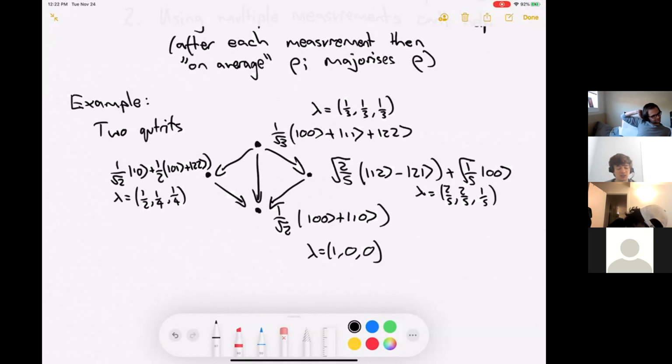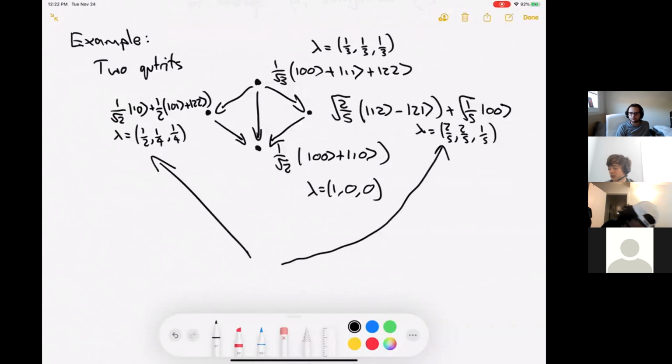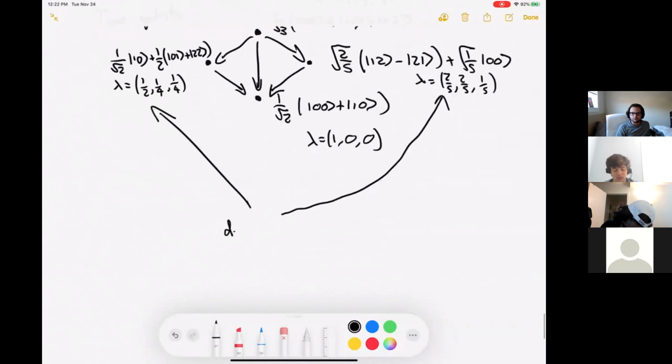But we also have that a half plus a quarter is 3/4, which is less than 2/5 plus 2/5, which is 4/5. And so we also can't get from the right state to the left state using LOCC, because that would decrease the sum of the two largest eigenvalues. So this state and this state are just differently entangled.